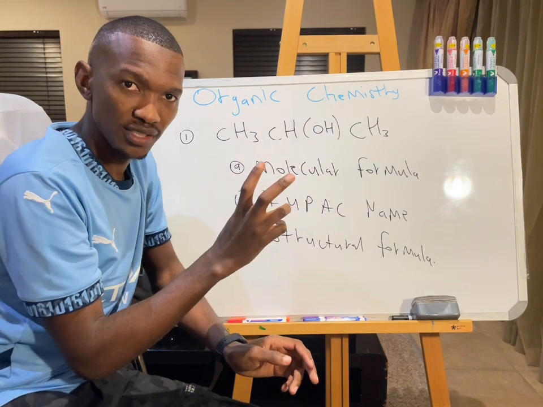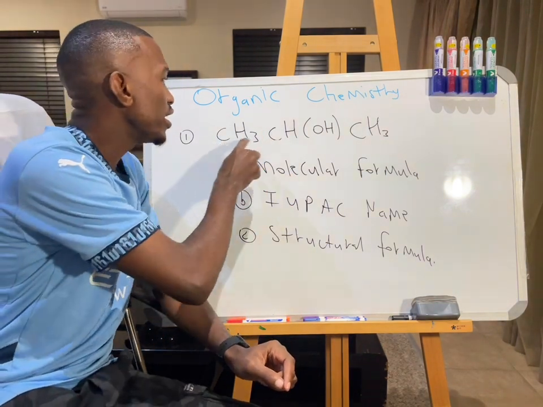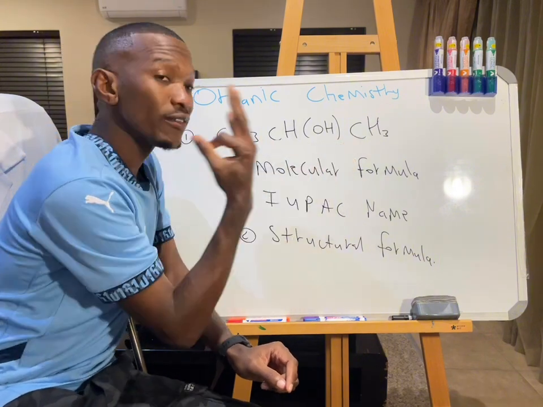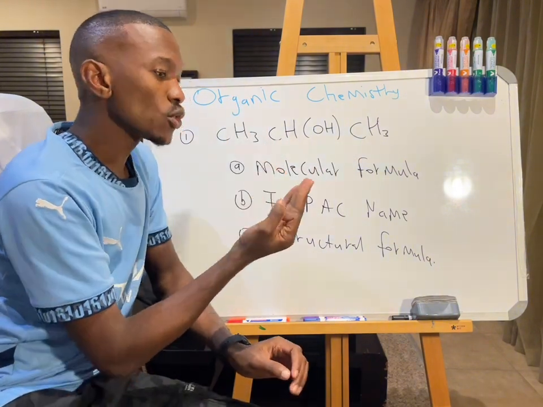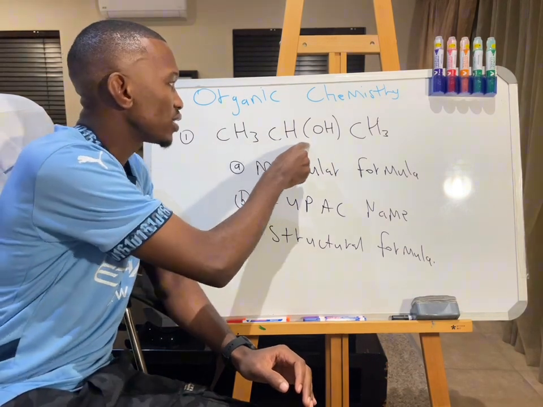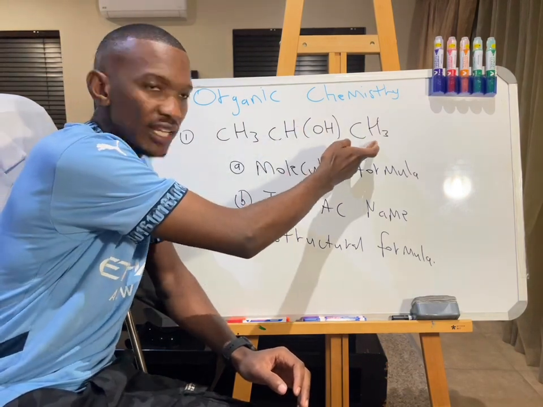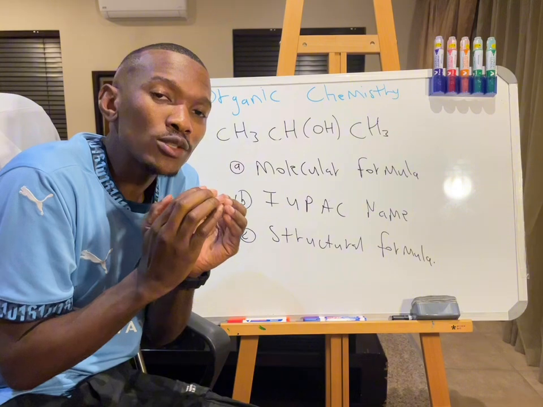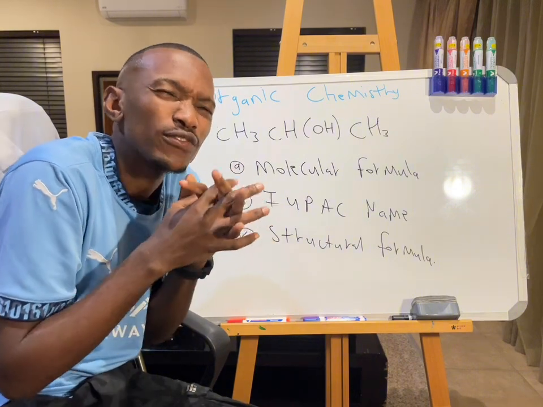You can see that we have 3 carbons in this compound. Each carbon has how many hydrogens? This one has 3, this one has 2, and this one has 3. That is what you call a condensed structural formula.